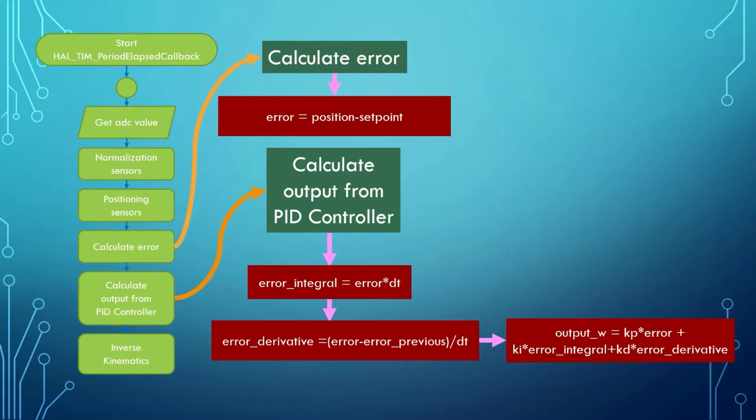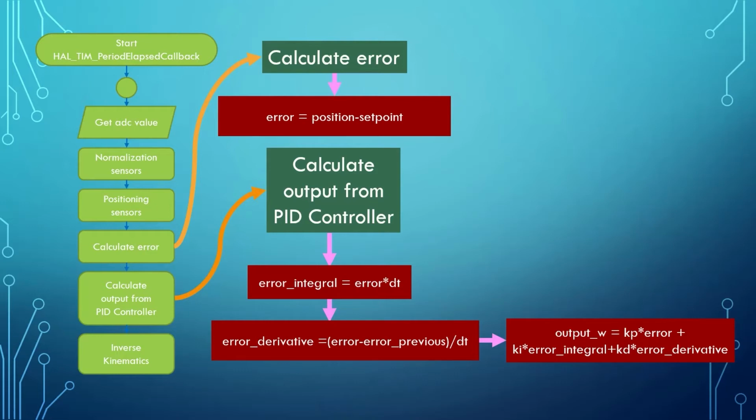So for the calculate error, we have the formula where we use position minus the set point, and we will define the error integral equal to 0 dt, and we have the formula for error derivative like in the slide.